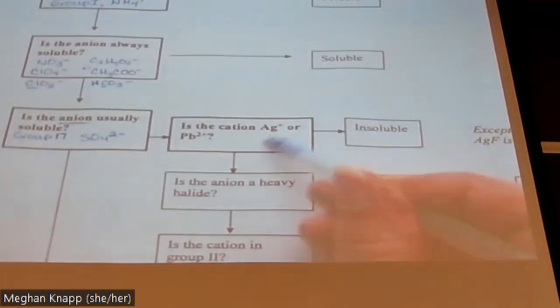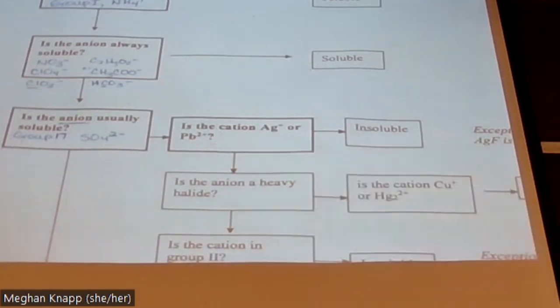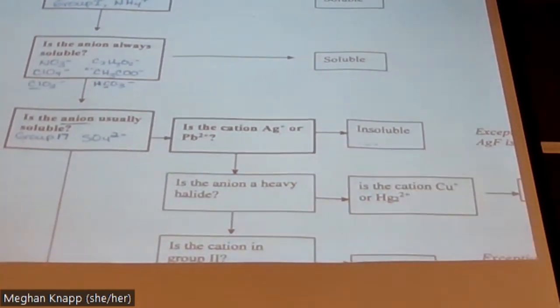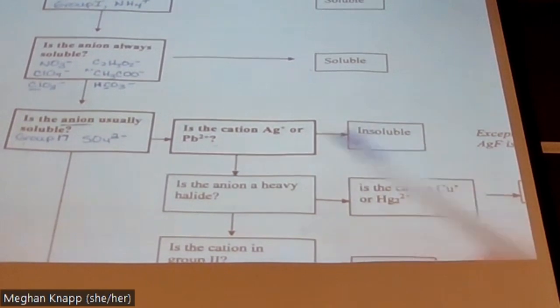So if those appear and I'm otherwise not sure, it's probably going to be insoluble. But if it's not silver and lead, then I have to ask myself, what else is going on? I'm going to be going back and forth between whether I'm talking about the anion or the cation.